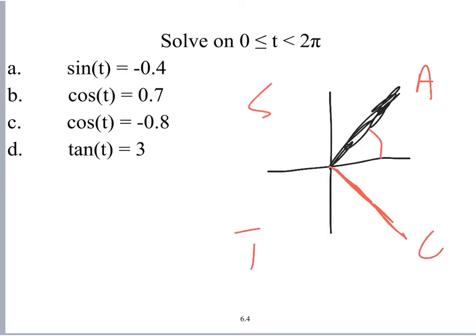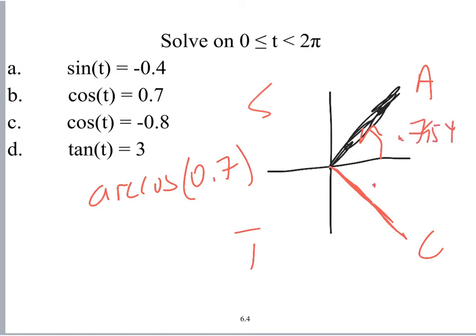So when I do the arc cosine of 0.7, my calculator earlier told me 0.7954, and I know that reference angle is also 0.7954.